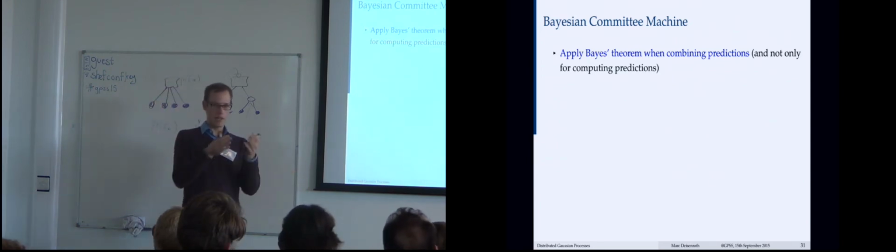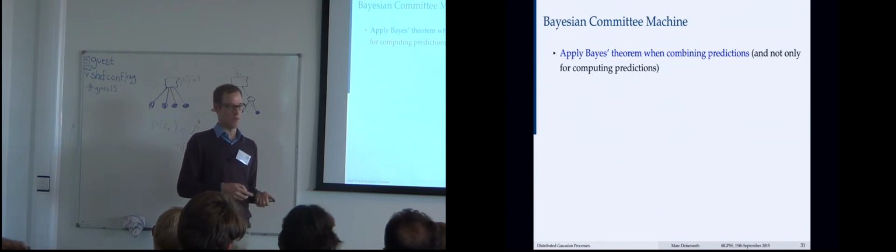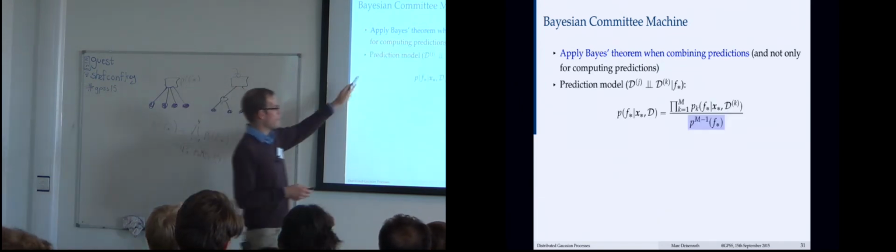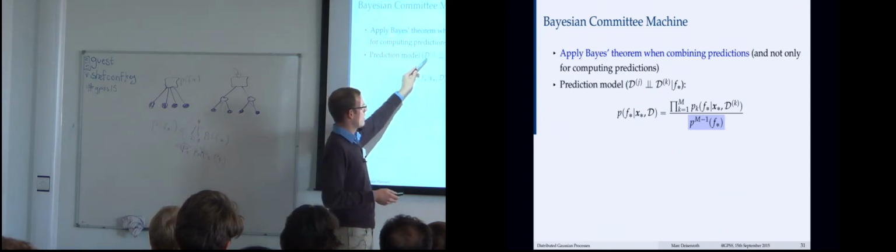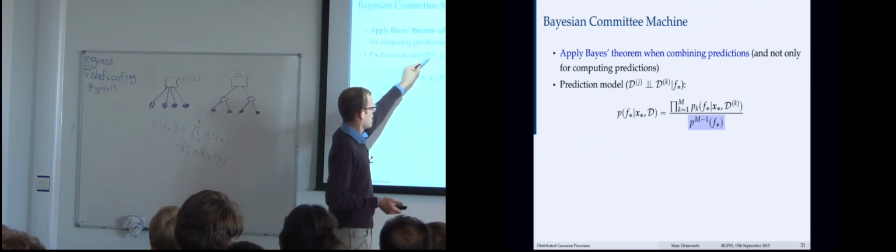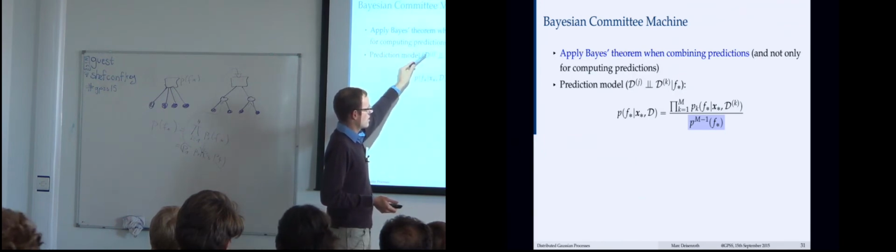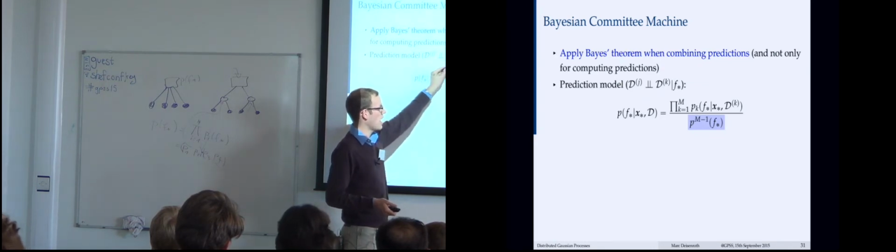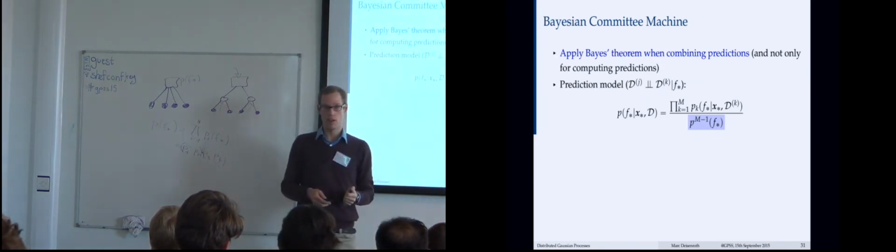But when we combine these predictions, we don't really use Bayes' theorem. So the Bayesian committee machine makes an independence assumption that turns out to be useful. They say the data set of expert J is independent of the data set of expert K given the corresponding function value.